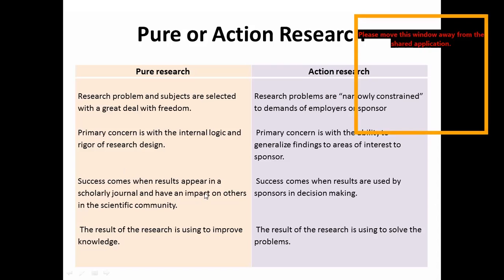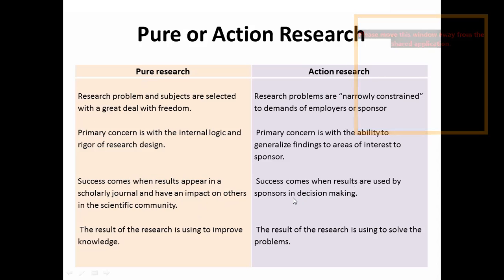Okay, and if we're talking about the result of pure research, it normally appears in scholarly journals and has an impact on others in the scientific community. But for action research, the results are used by the sponsor in decision making.